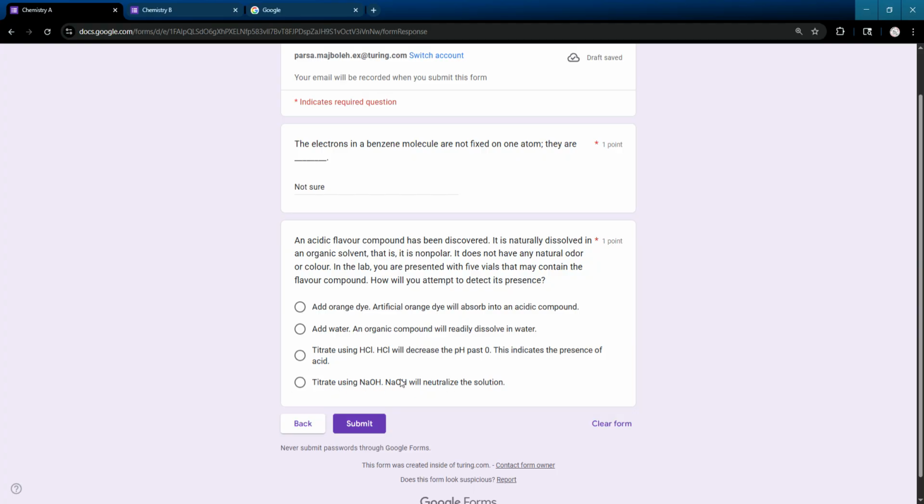Nice, this one is cool. It neutralizes the solution. Let's go with titrated using NaOH. NaOH will neutralize the solution.